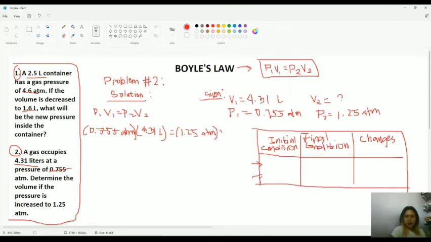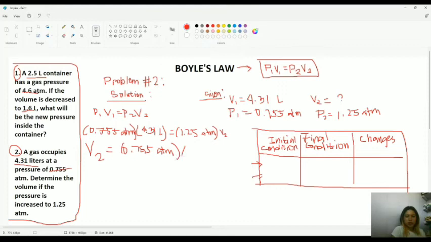And sa final volume, wala. So, let's solve. Lagay ko lang dito yung final volume or V2. 0.755 atmosphere.